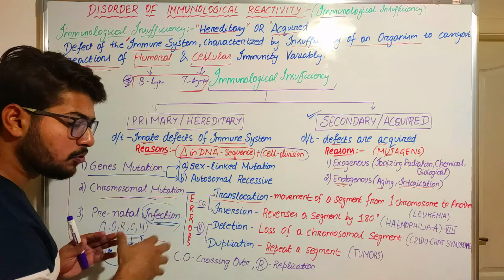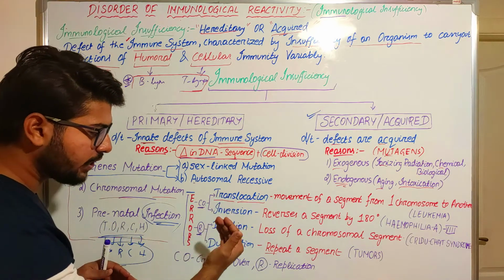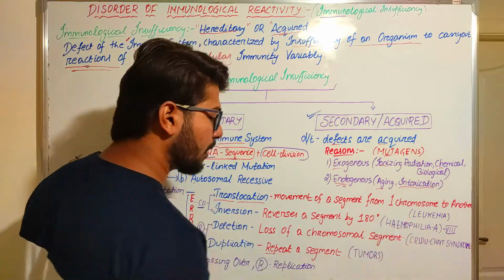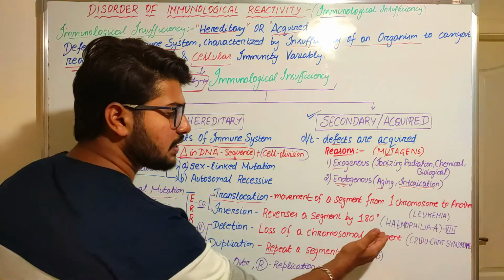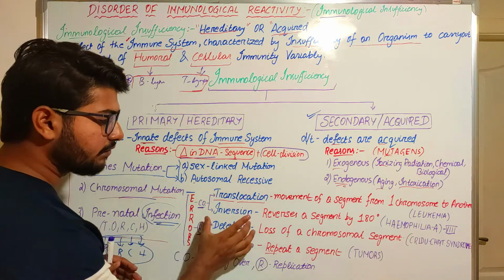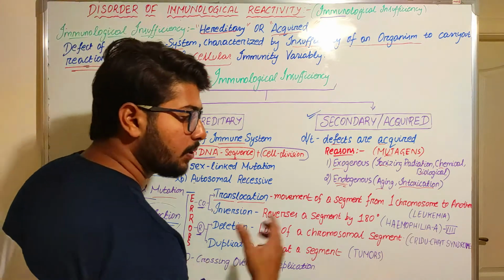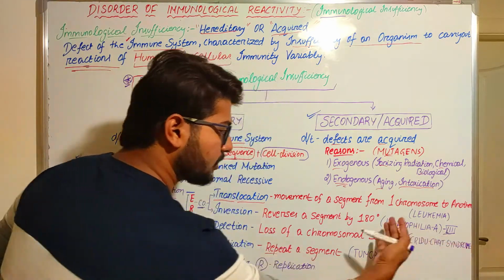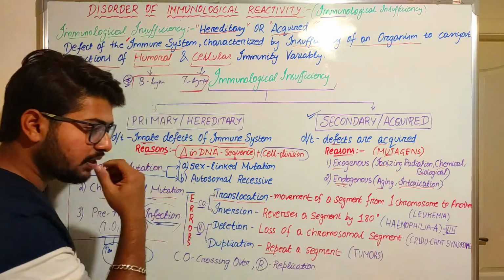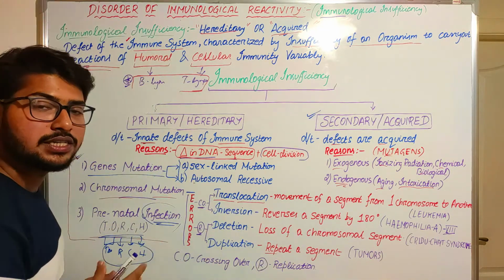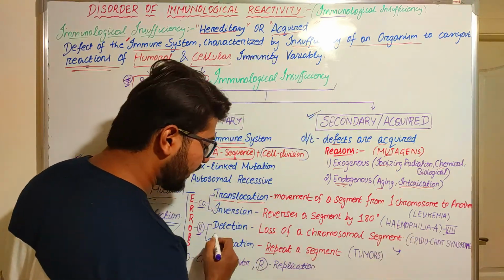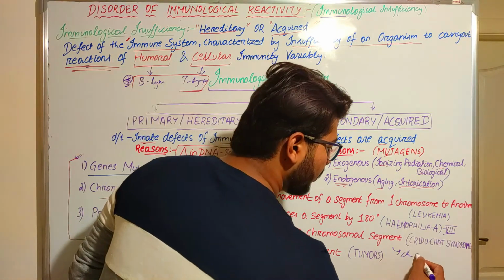So as we know the chromosomal mutations, the translocation, inversion, deletion and duplications: translocation takes place in some kinds of leukemia, and inversion takes place like in hemophilia A. There will be the inversion of the gene for blood clotting factor 8, that is known as hemophilia A. The deletion can take place in Cri-du-chat syndrome, in which there will be loss, or deletion, of part of chromosome number 5.